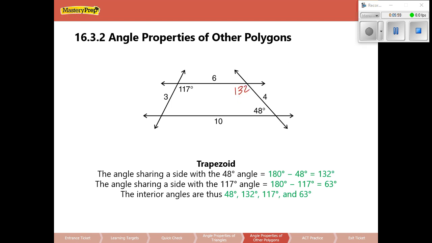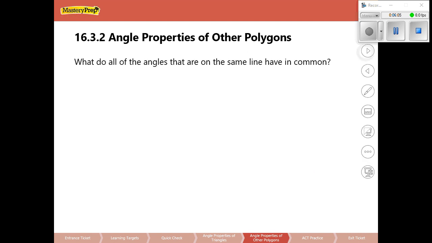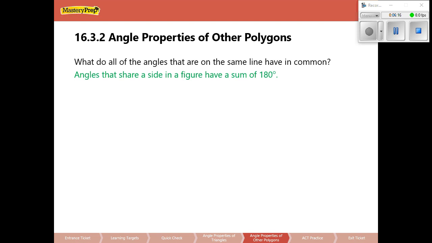And 32 and 63. Any questions on any of this here? What do all the angles have in common on the same line? They add together to be 180. A straight line's always going to be 180.